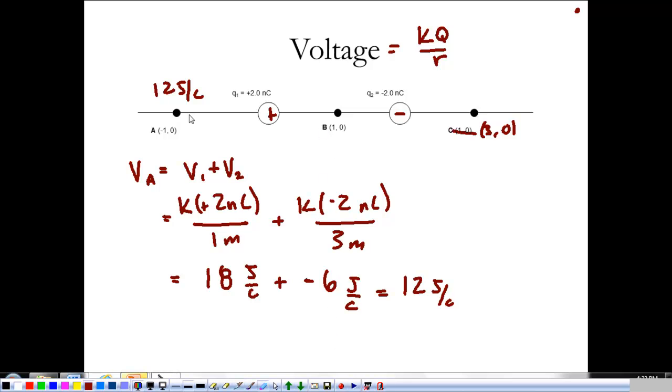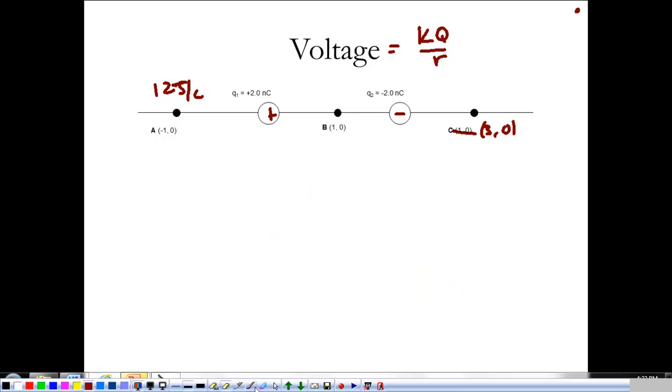Meaning overall, I had to do positive work in bringing any charge to this location. If I were to bring in a 1 coulomb charge from infinity to point A, it would take 12 joules to do that. 12 joules worth of work to do that. That's what that's saying.